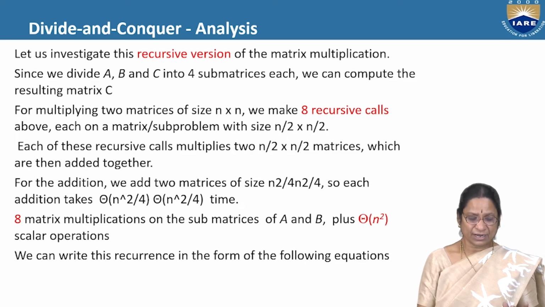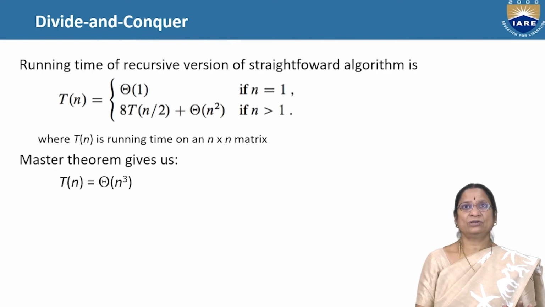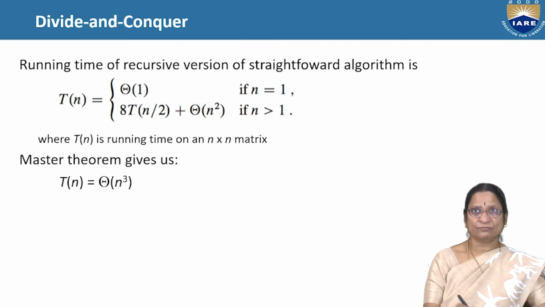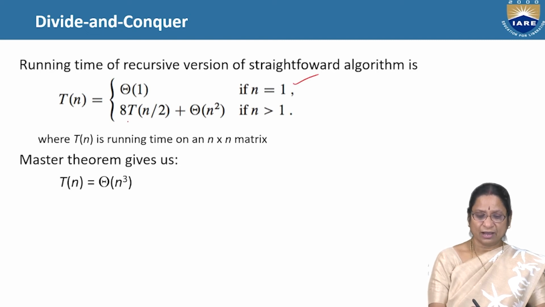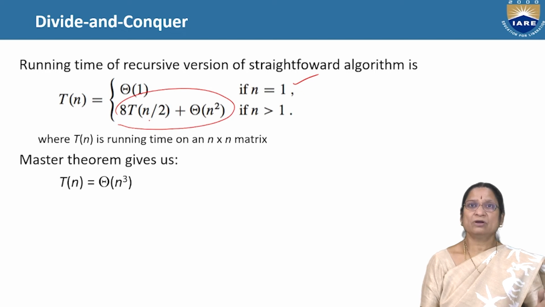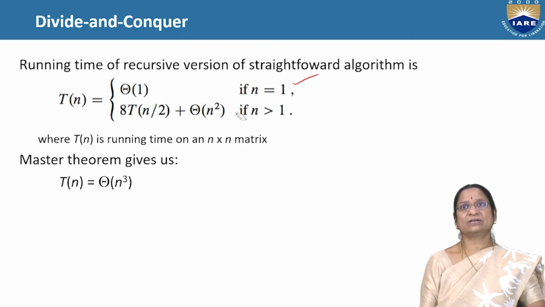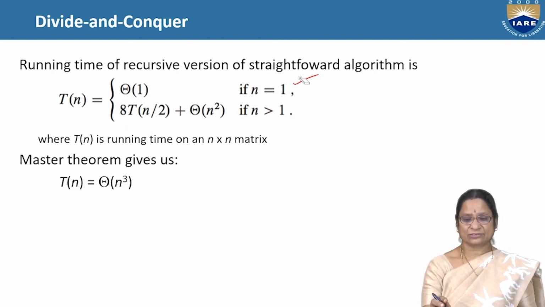So the complexity is T of n equal to theta of 1 if n is equal to 1. Otherwise it is recursive: 8T of n by 2, since we are dividing by half, plus theta of n square. As we earlier discussed, theta of n square is for the addition of matrices.